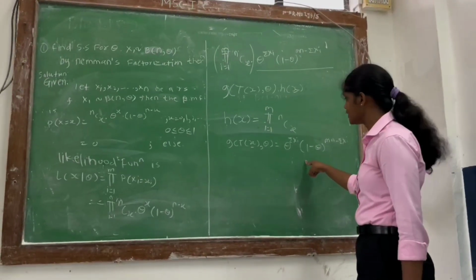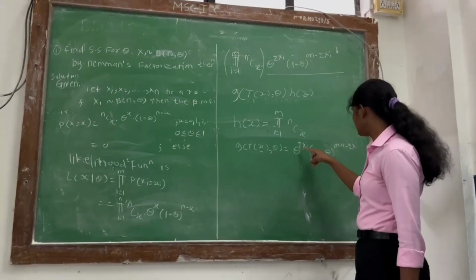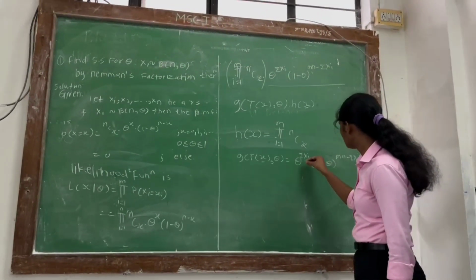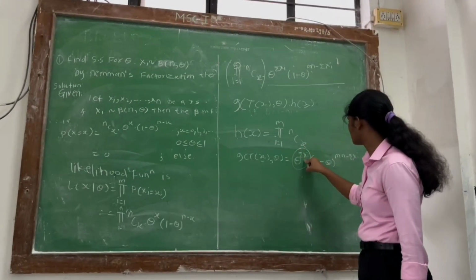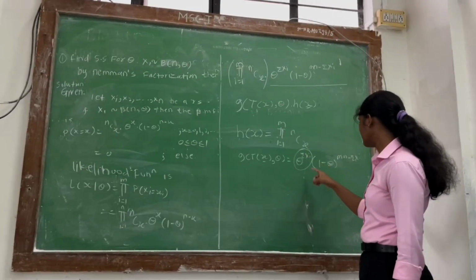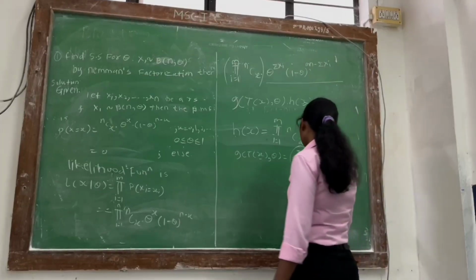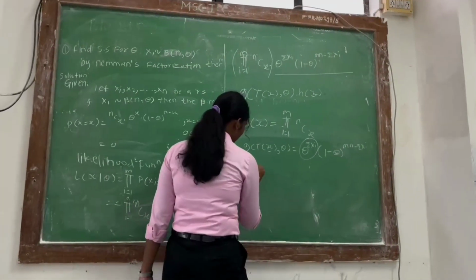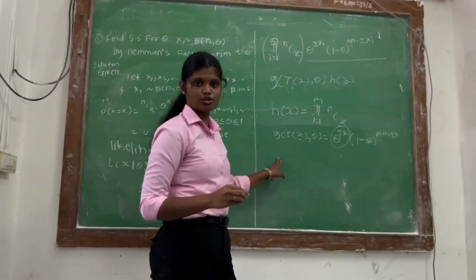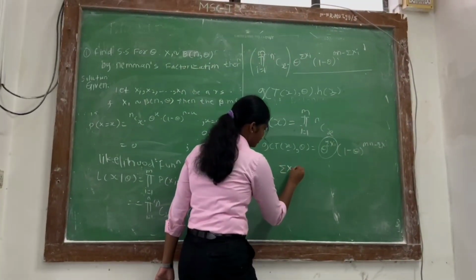Now here we can see the function of theta and x is this. So now the term is over theta that we are going to take as the sufficient statistic. So for the binomial distribution, the sufficient statistic will be summation xi.